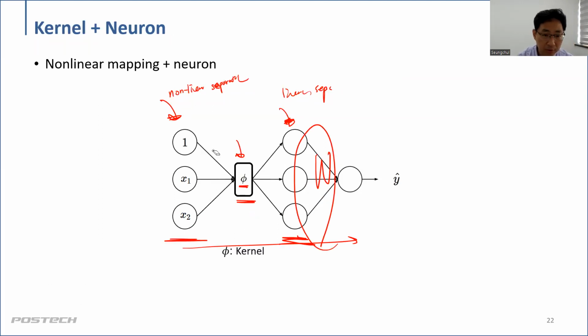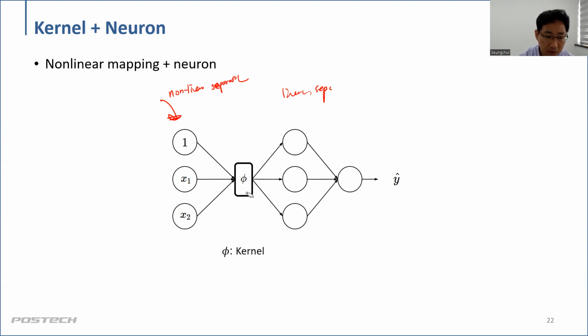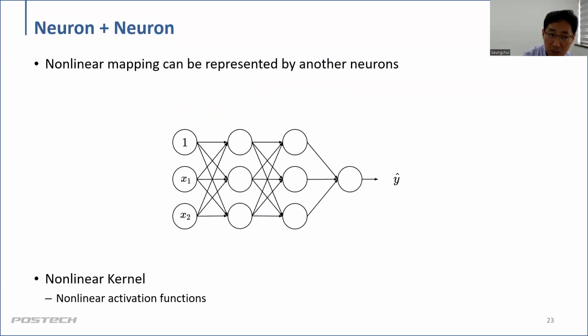Now I'm going to show you some animations, focusing on the kernel. I'm going to change the kernel into another layer with neurons.